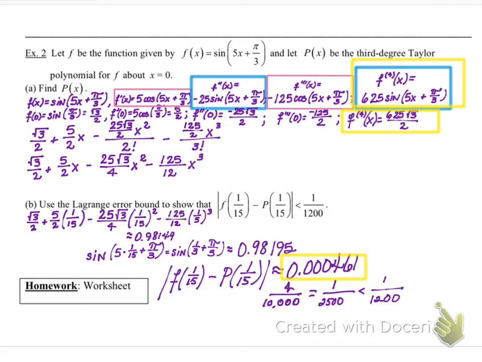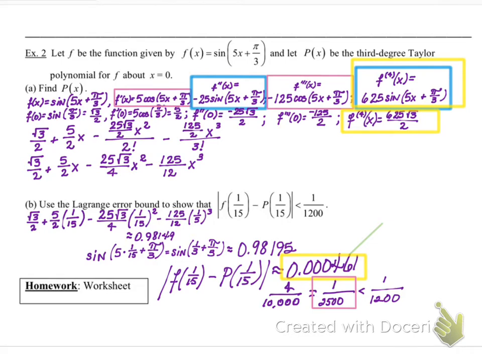So when we compare it to 1/1200th, we see that it is in fact smaller, and this number is not significantly different from the fraction that we have simplified to, so we can continue to think about it this way.